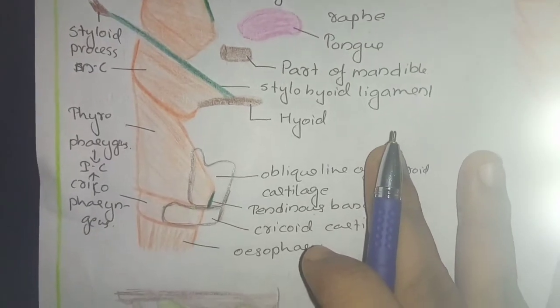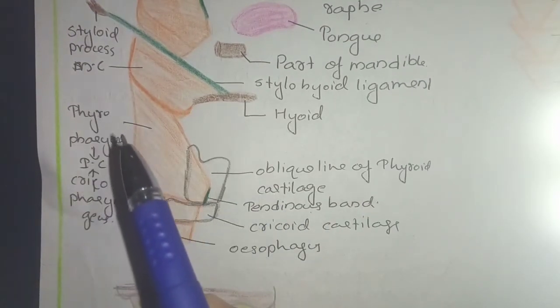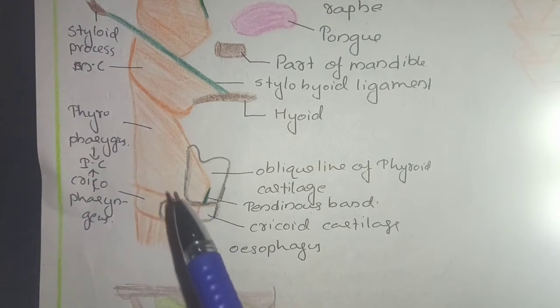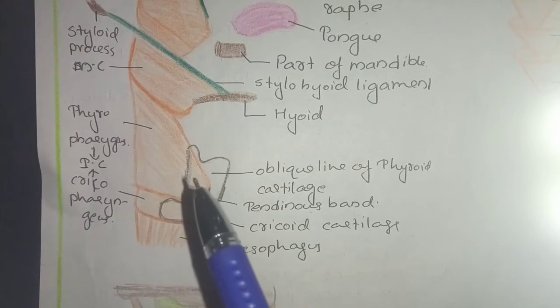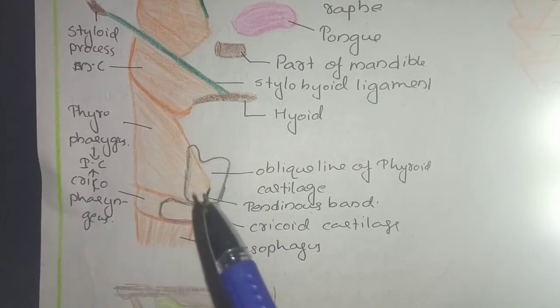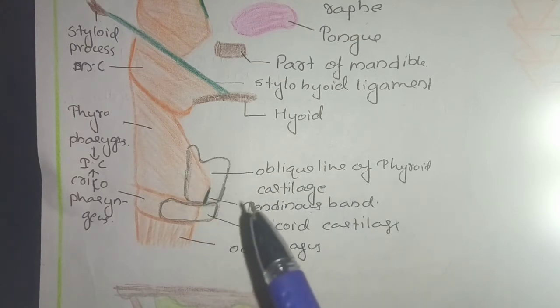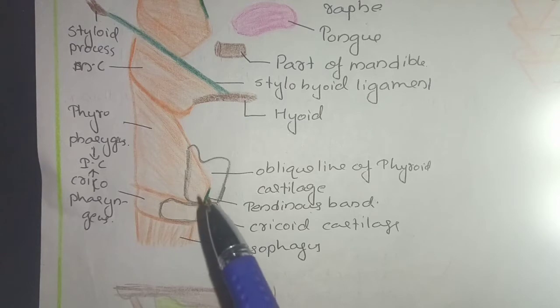Now for the inferior constrictor. The inferior constrictor is itself divided into the thyropharyngeus and the cricopharyngeus. Where does the thyropharyngeus originate? It originates from the oblique line of the thyroid cartilage, then from the tendinous band and the inferior cornu of the thyroid cartilage.